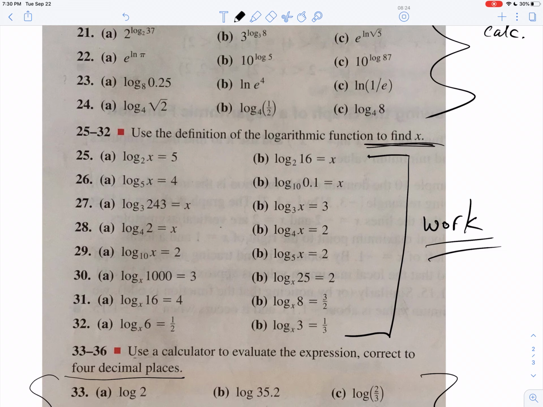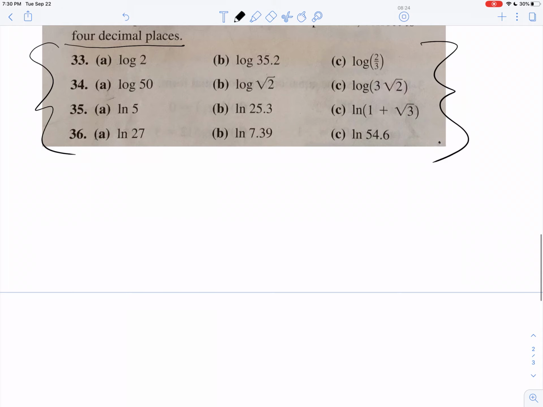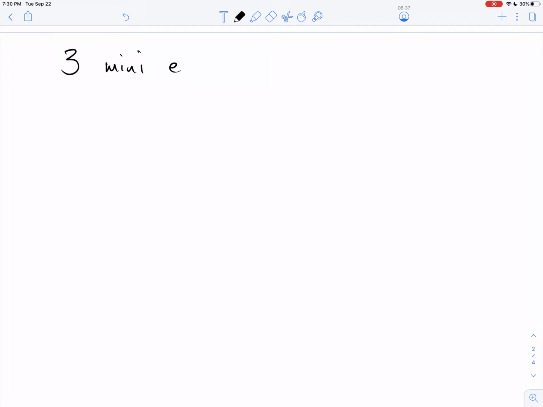So here's why I refer to these as the 3 different mini equations. There are only 3 different mini equations. And let's start with the first kind, which is what I call super easy.